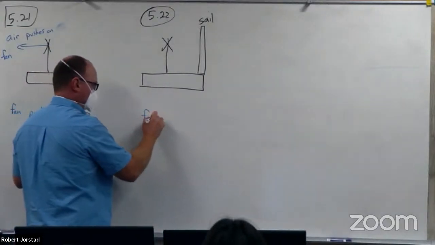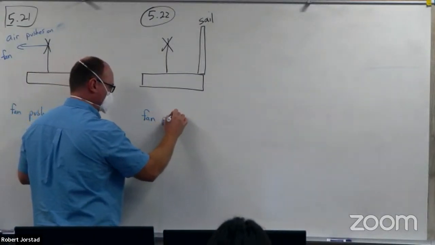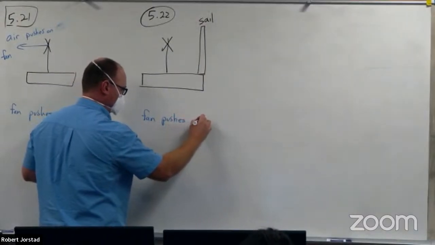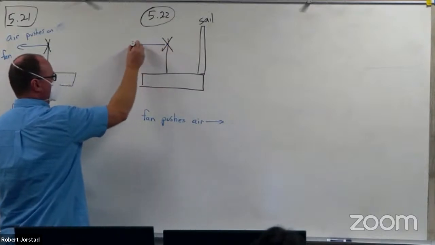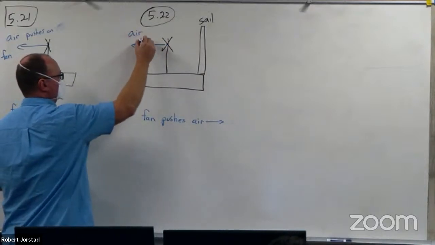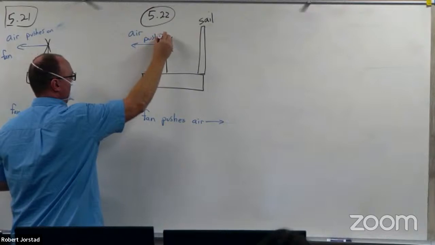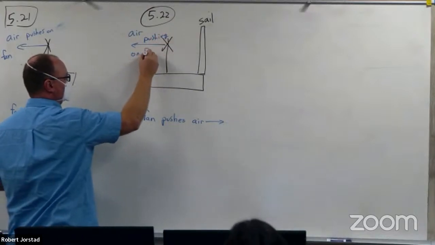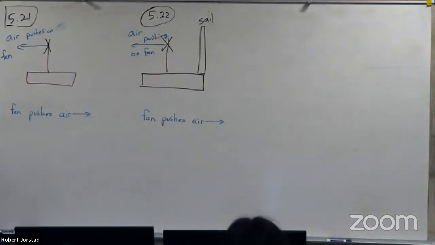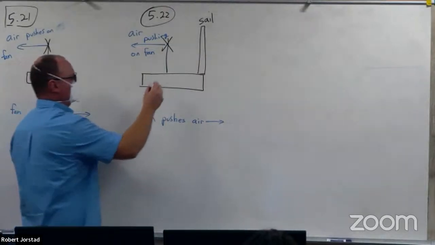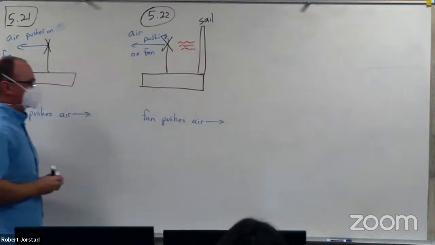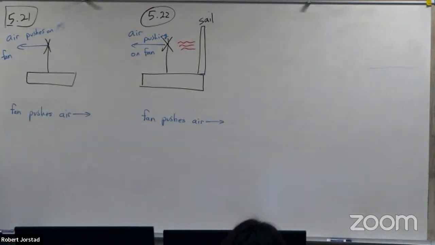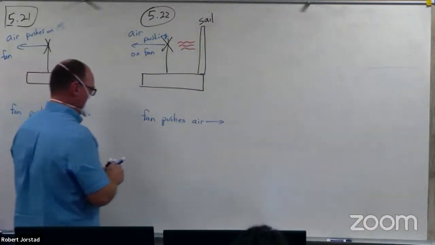Assuming I line it up the same way, the fan pushes air this way, so there's going to be a force this way. Now what's going to happen? The air is going to be flying this way, right? When we do that, what direction will the sail push on the air?